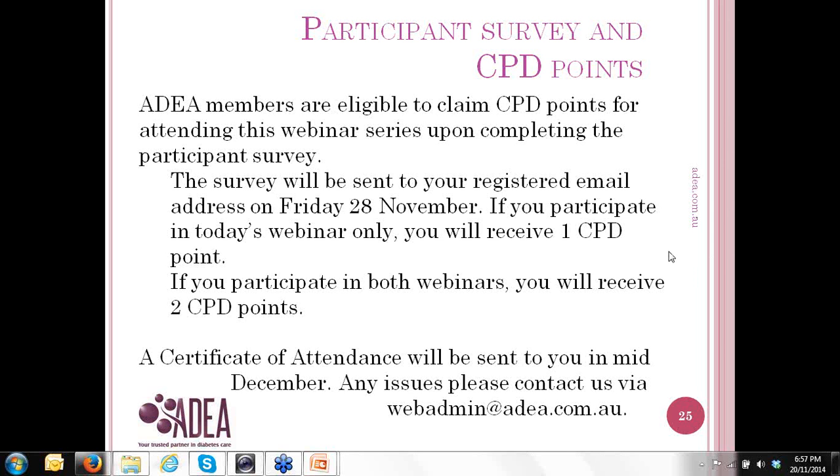That will colour your choice of what you do. Metformin, of course, is the elephant in the room. If we're getting under an eGFR of certainly under 45, one would be looking at dose reduction. Under 30, one would be looking at a clear need to revise what we're doing with that.